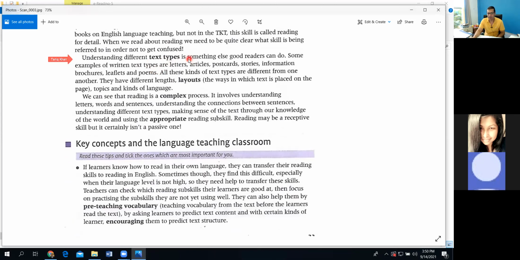Understanding different text types is something else good readers can do. Some examples of written text types are letters, articles, postcards, stories, information brochures, leaflets, and poems. Now, a good reader can understand the text. Is it a letter or is it a postcard? Is it an invitation or is it an article? Those who have understanding of the reading can analyze that this is taken from a book, maybe part of a long story.